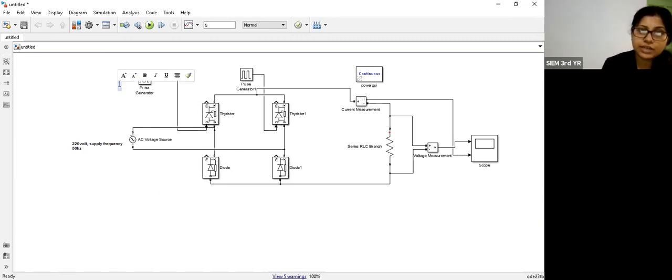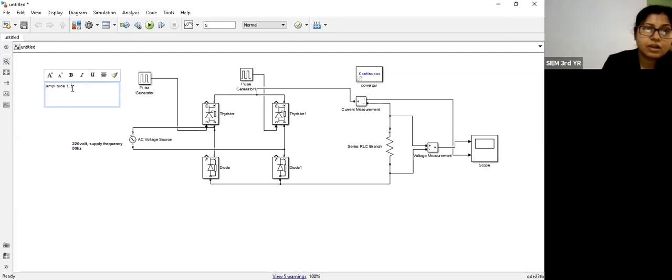Now the pulse generator specification. Amplitude, that is 1. Then pulse width, that is 5 seconds. Okay.